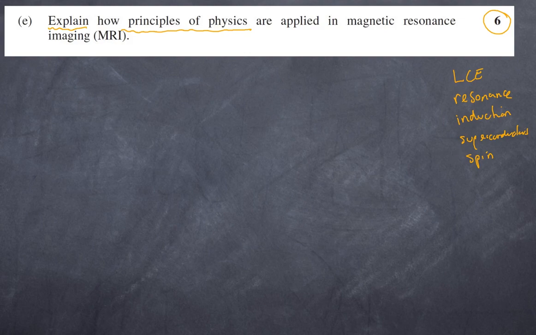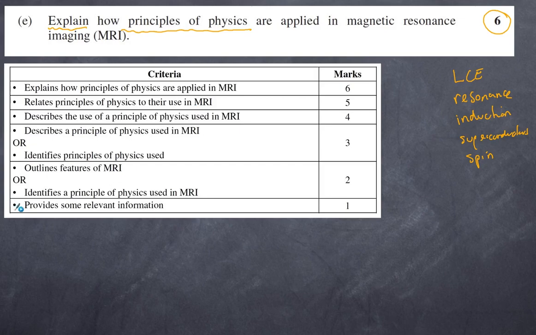So let's have a look at the marking guidelines and then identify some features of a strong response. The first thing I want you to notice in the marking guidelines is that we get progressively deeper order thinking as we go up. So we've got here provide some relevant information. I've told you that as long as you show something, MRIs use strong magnetic fields to cause your atoms to align, then you could say that's a 1-mark response.